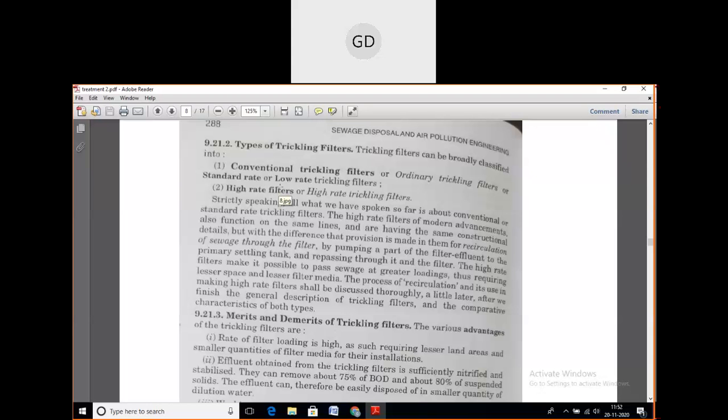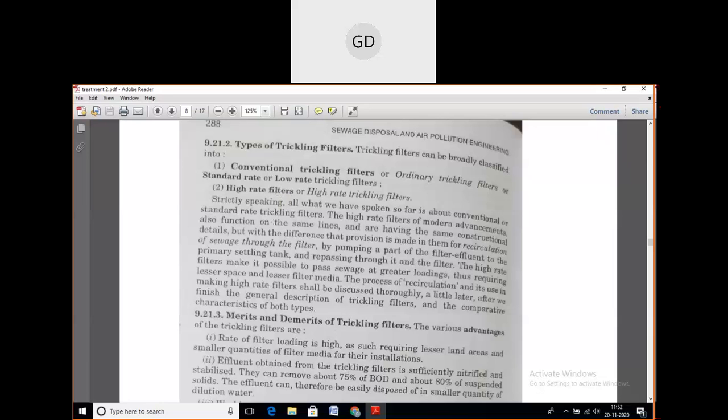Recirculation can be done by pumping the filter effluent to the primary settling tank and repassing it through the filter. So this is the basic difference between the conventional trickling filter and the high rate trickling filter.